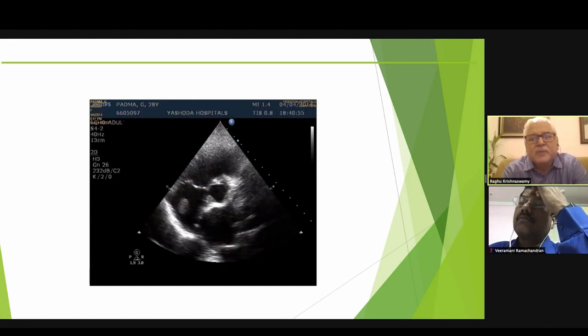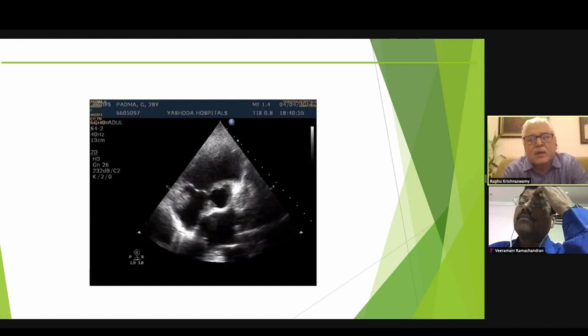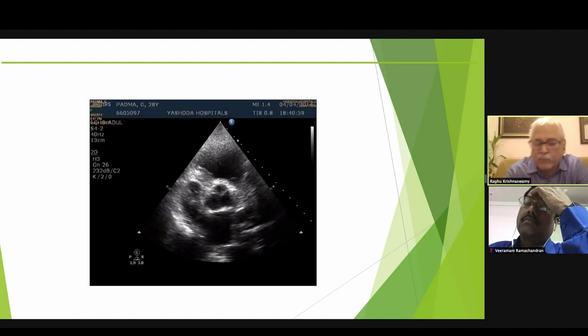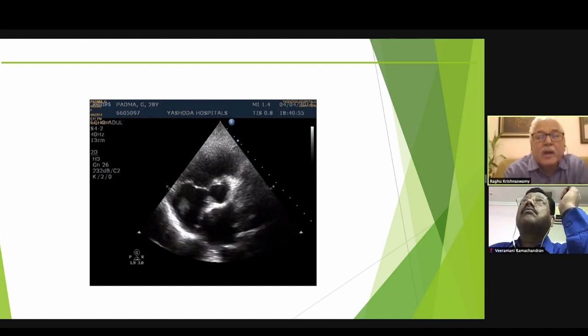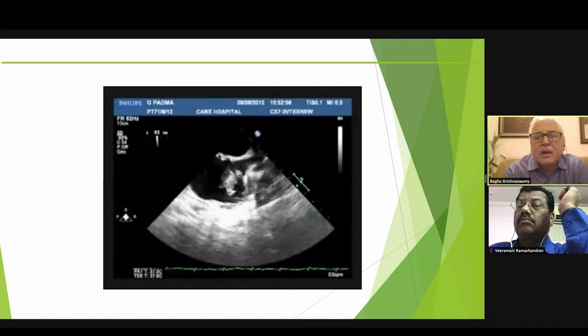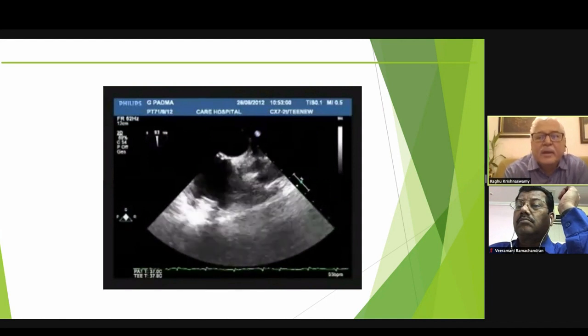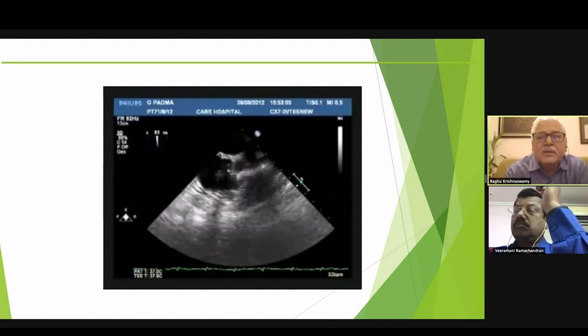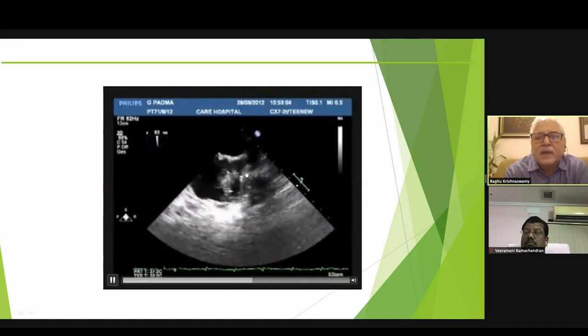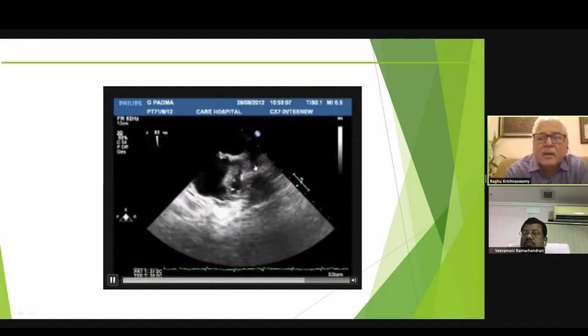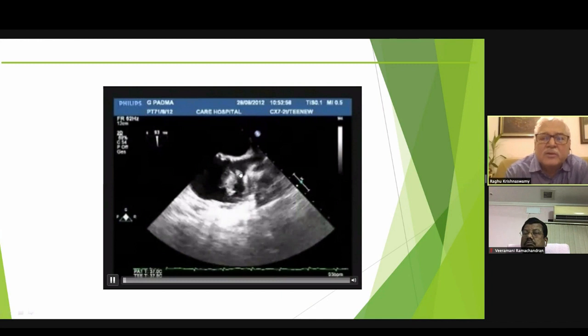Unfortunately, the mass seemed to be floating, though obviously it was attached, but we couldn't make out where it was attached. Now, this was the TEE that was done, and that very clearly showed that the mass was coming from the SVC, not from the lateral wall.